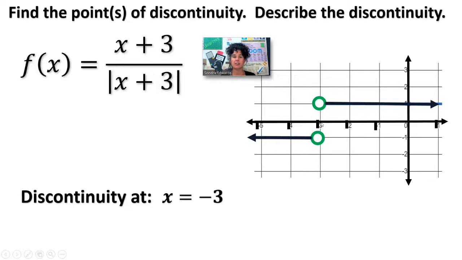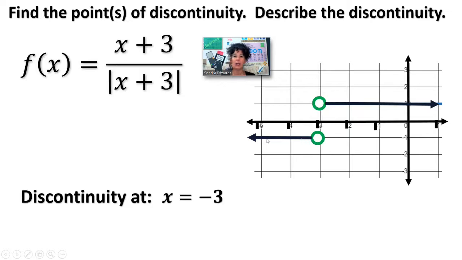Okay, but as soon as I start substituting numbers to the left of -3, let's do, say, -4. -4 plus 3 is -1, but the absolute value is positive 1. So we have -1 divided by positive 1, which is -1. That's why we plot the point down here.